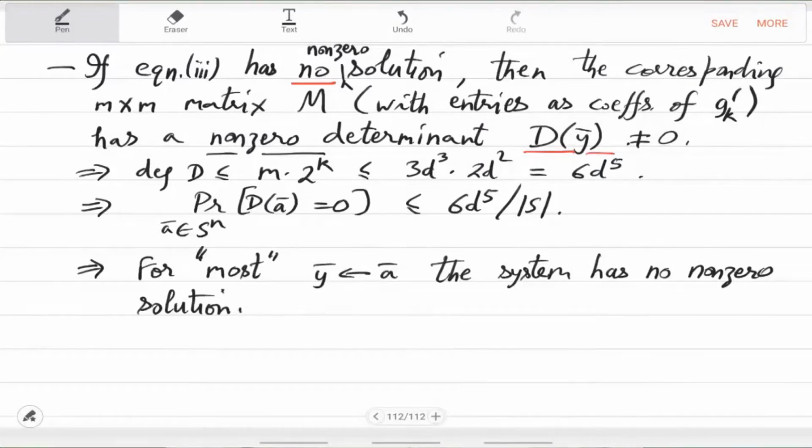That is a contradiction. So this contradiction finally gives you that G and Lk exist.